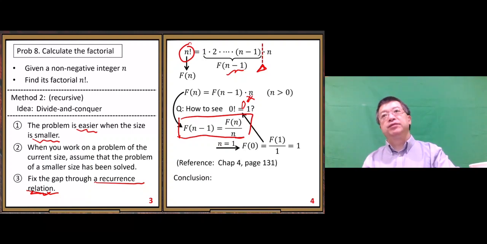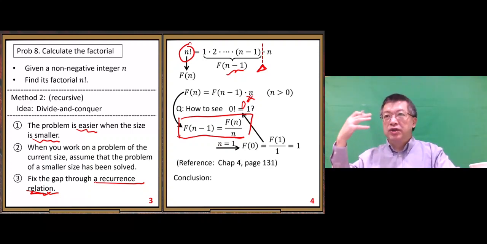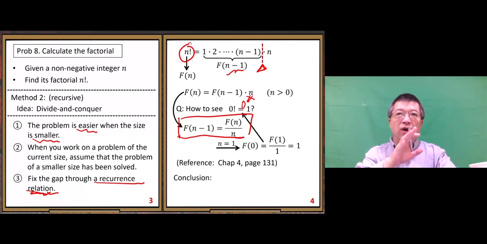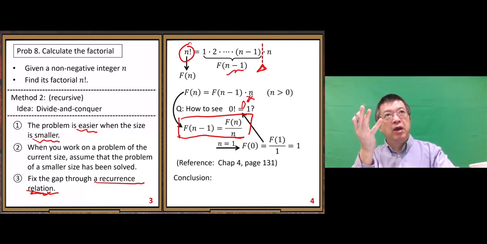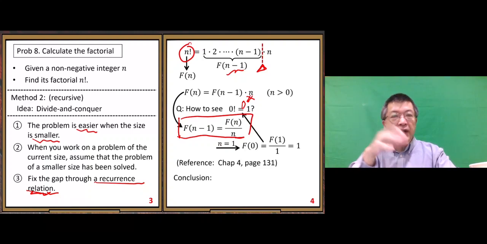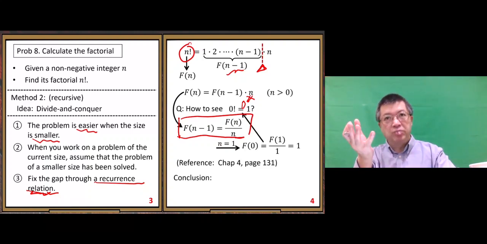Now, conclusion for this part. Here, we use a recursive algorithm to solve this factorial problem another time. It does not mean the recursive method is better than the iterative method for this particular problem.